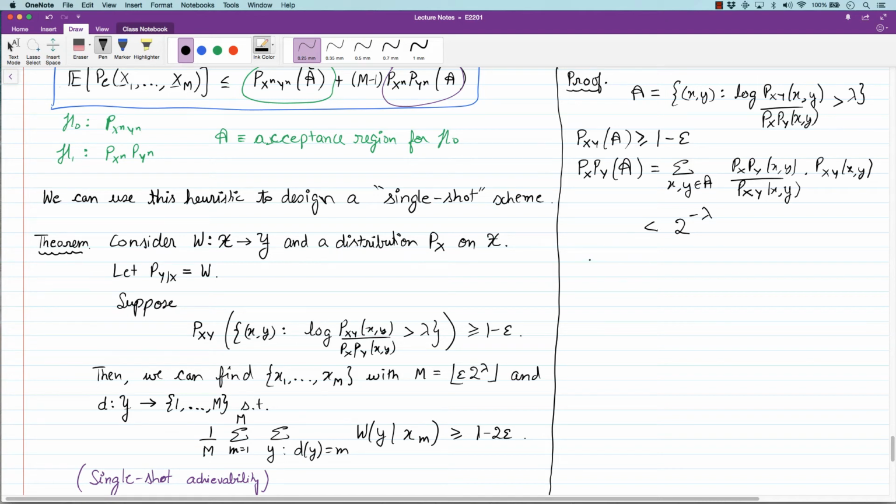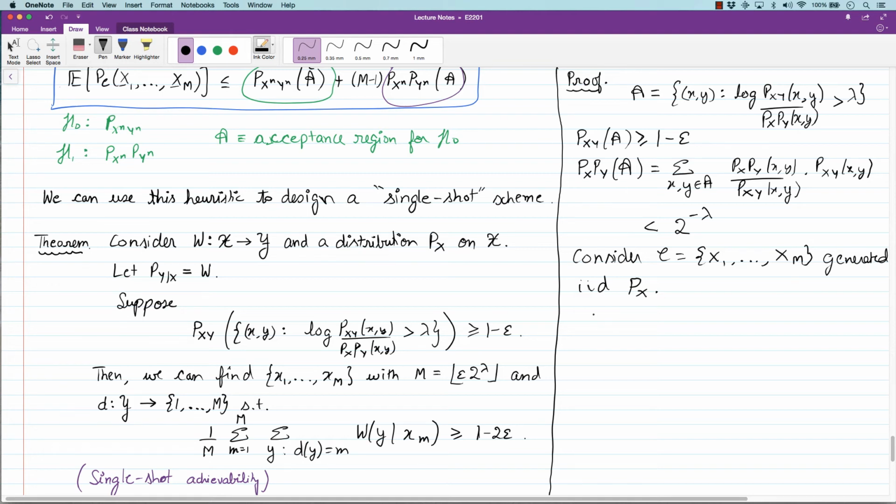Okay, so consider this code book C, which has x1 to xm generated IID, so independently and identically distributed with probability distribution px. Okay, so we have the code book now. Now the decoding rule is as before.